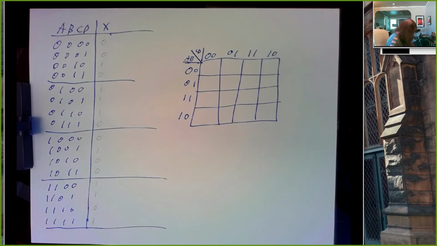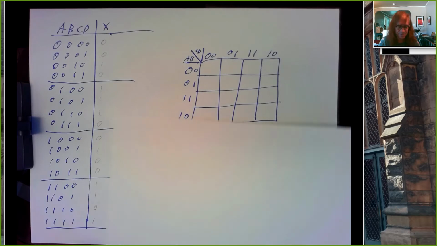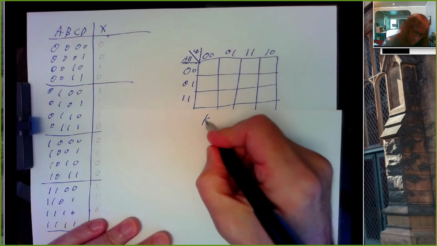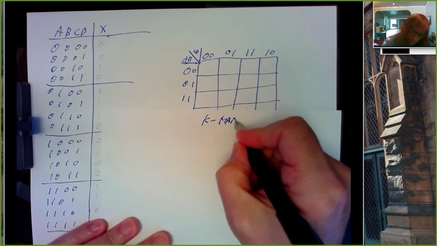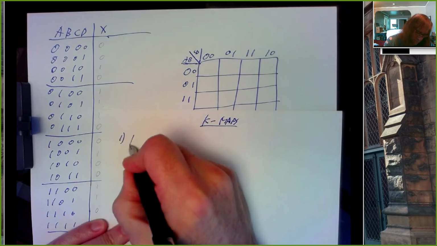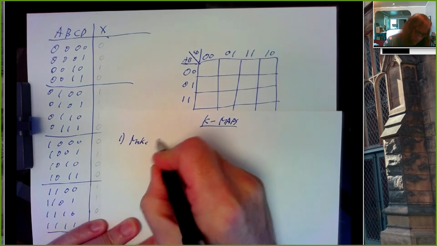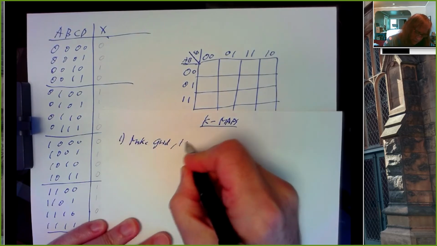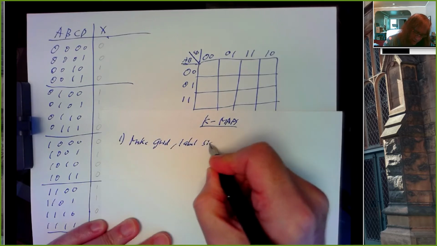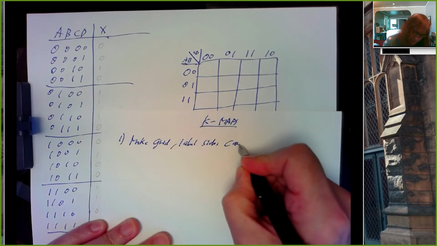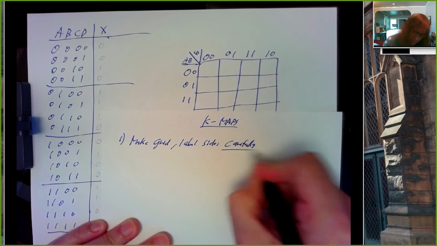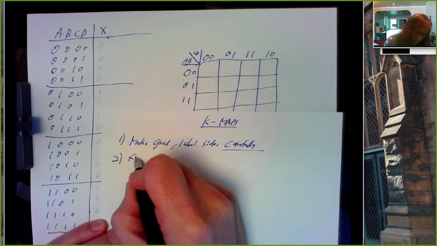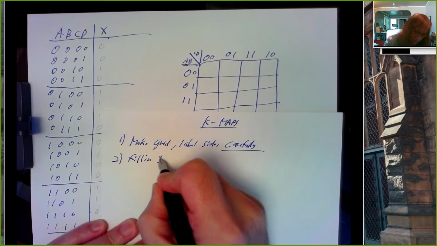Okay. All right, so let's start a procedure. So step 1, make a grid. Label sides carefully. 2, we're going to fill in the ones.